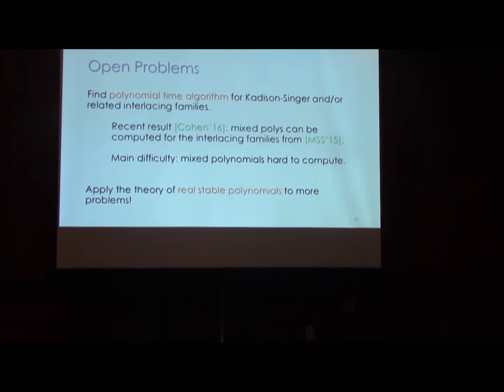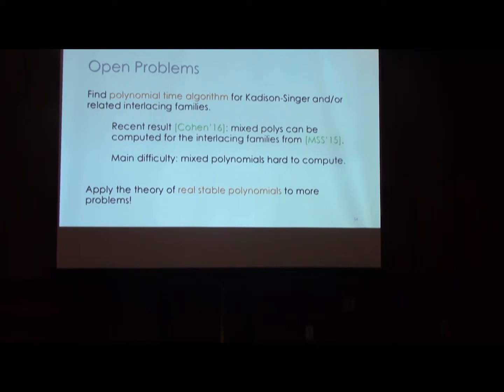So there is a recent result of Cohen, who is, I think, presenting at this conference. He managed to prove that you can actually compute these polynomials in a setting which gives you Ramanujan graphs of all sizes. This is one of the more recent papers of MSS. So in that setting, you can actually compute these polynomials, but we know that this can't be true for all interlacing families.